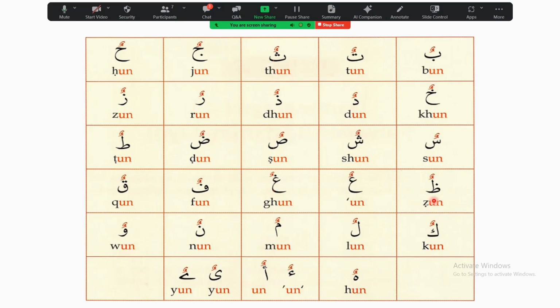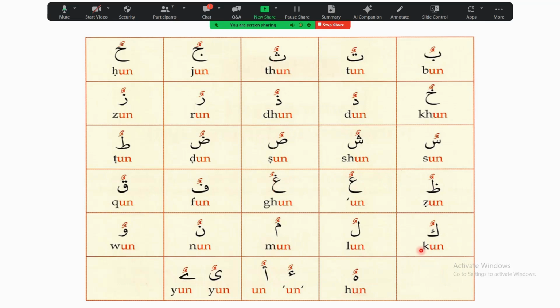Zun, zun, again a heavy letter. This was a light one, zun, and this is heavy zun. Okay, so this is un from the middle portion of the throat, and gun, fun, qun, a heavy qaf, qun.